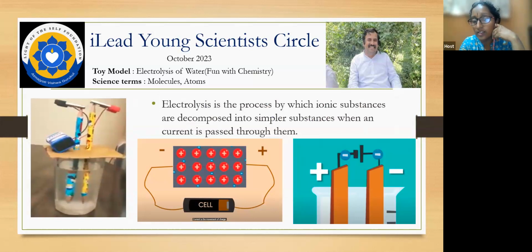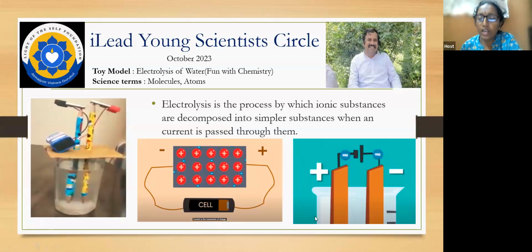So these are all atoms arranged inside one material. If you imagine any metal piece, the atoms will be arranged like this. If you look through a microscope, then you can observe this.